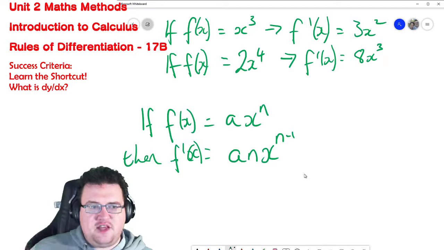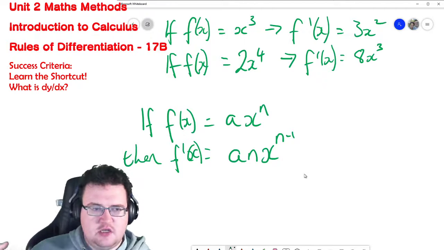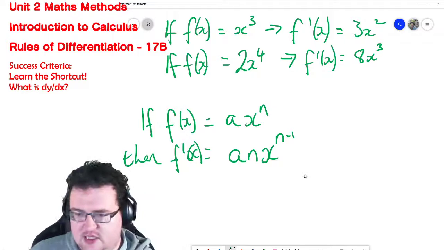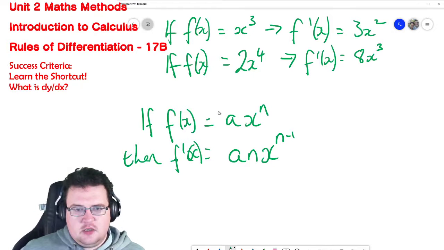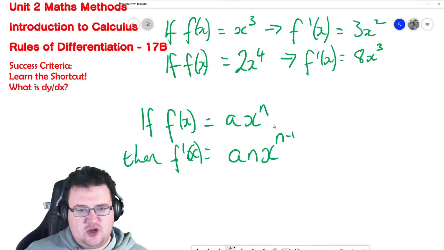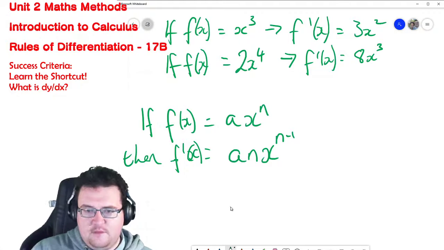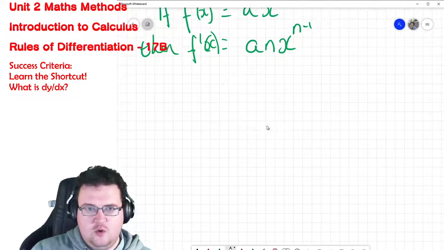All right, now this process works for longer expressions as well. This is just a simple shortcut for a single term, but for multiple terms the process still works.